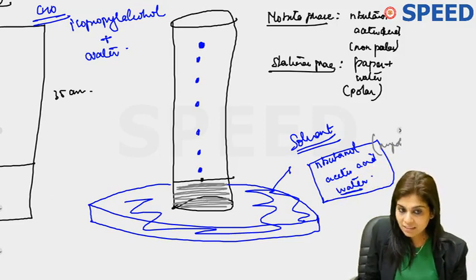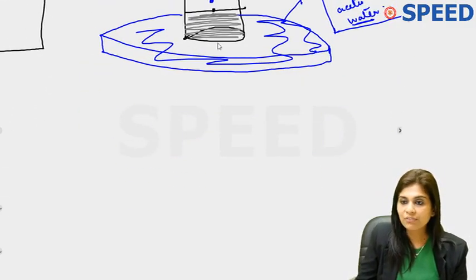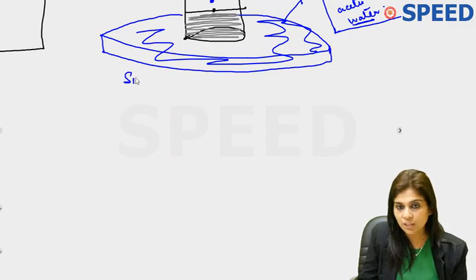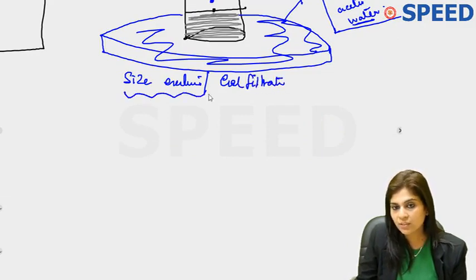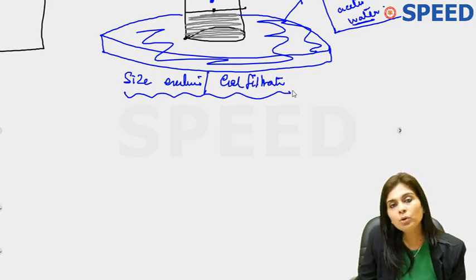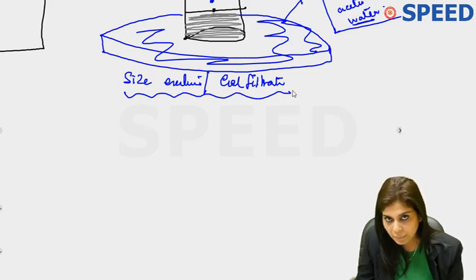Whereas the size exclusion or gel filtration chromatography, which I told you separates proteins based on size, is a column chromatographic separation technique.